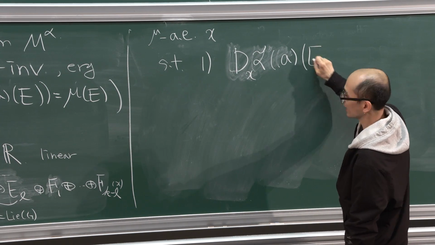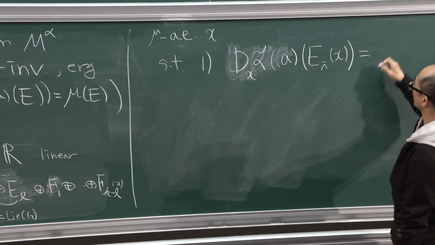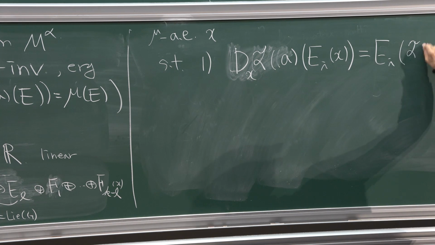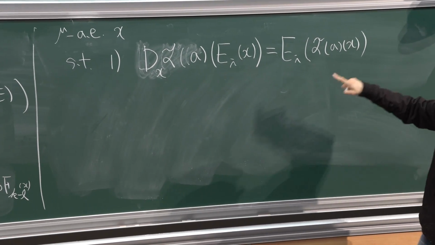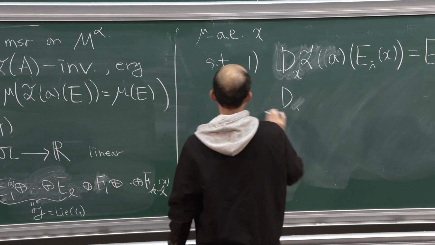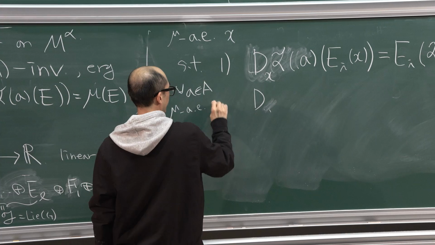And if you plug in E_i of x, then this will be the same as E_i of alpha tilde of A of x. So basically what I want to say here is that your splitting is invariant under the A action. So for every x, for every A, and mu almost every x.